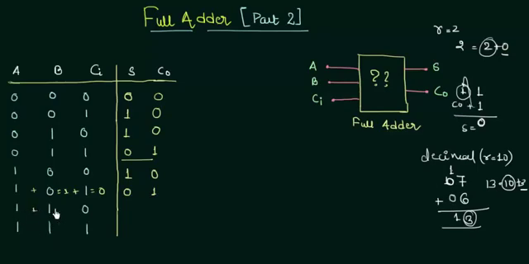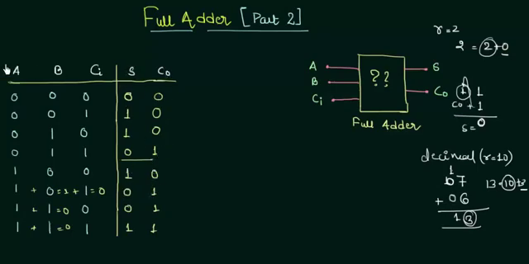In this, 1 plus 1 gives you 0 and carry is 1, and 0 plus 0 gives you 0 with carry 1. Again, in the last case, 1 plus 1 gives you 0 with carry 1, and 0 plus 1 gives you 1. So there is sum 1 and carry also equal to 1. Now we got our sum and also the carry output.